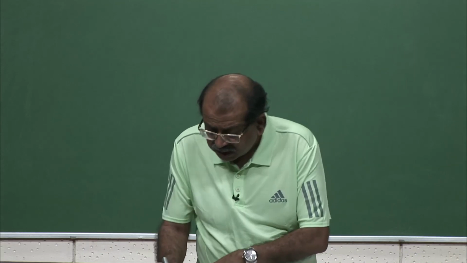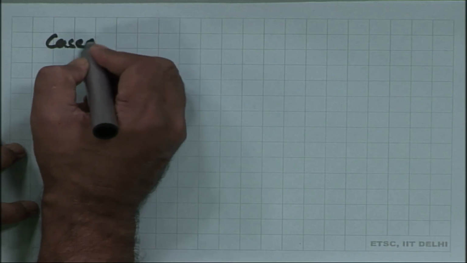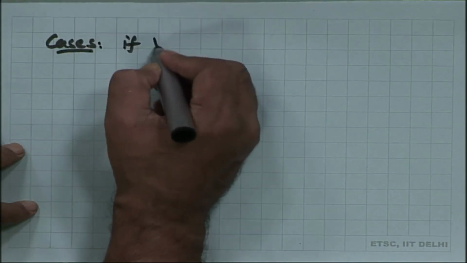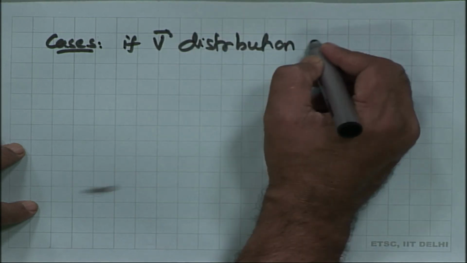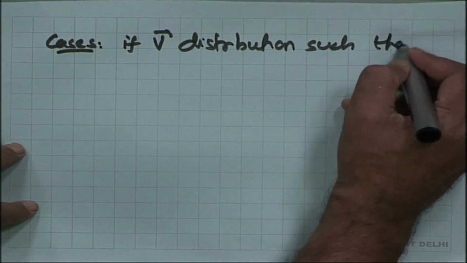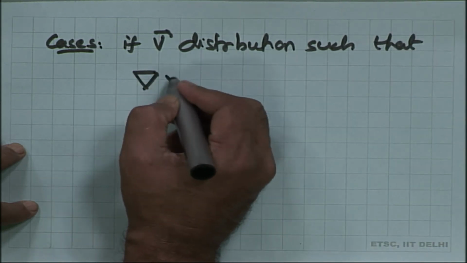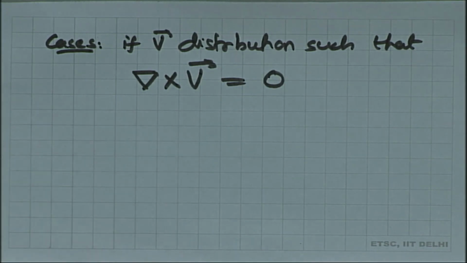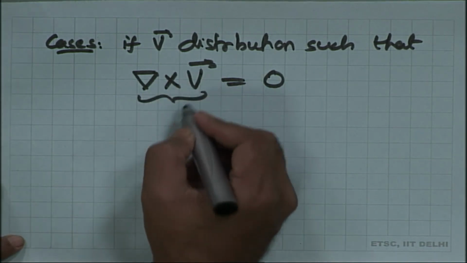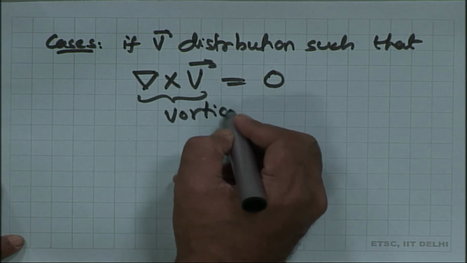There could be cases, and this we will derive later, if the velocity distribution is such that del cross V is equal to 0. Del cross V is an important quantity in fluid mechanics; we will call it vorticity.